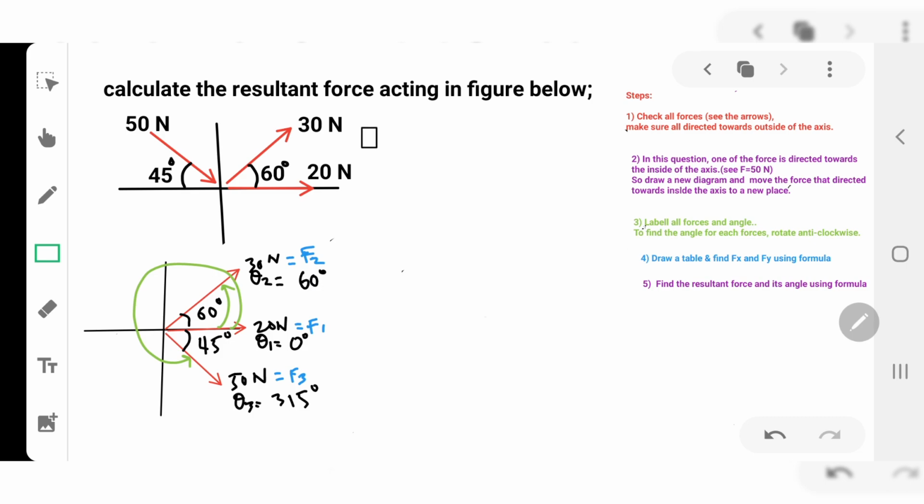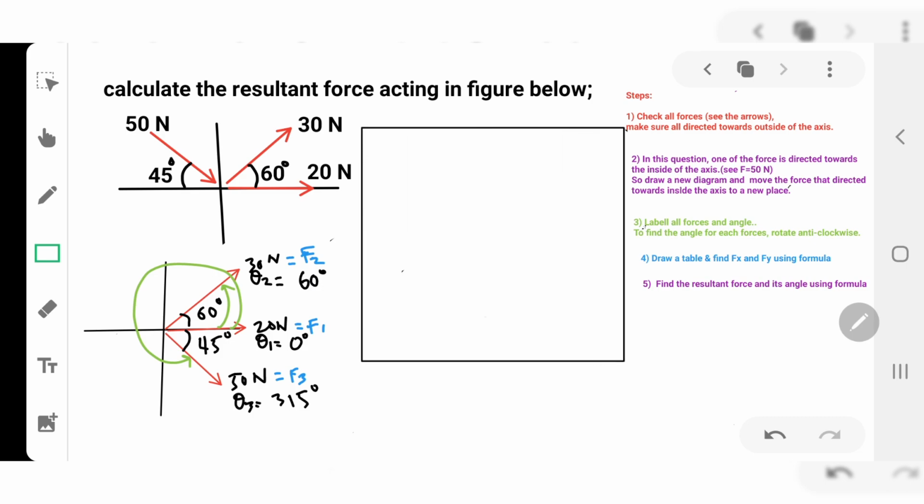So build a table and divide it into 4 columns: column number 1, column number 2, number 3, and number 4.